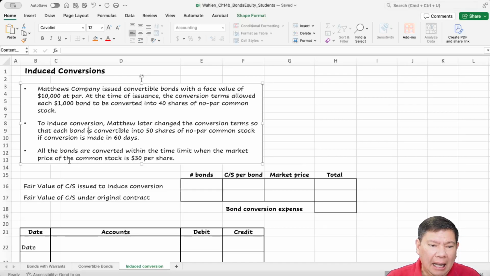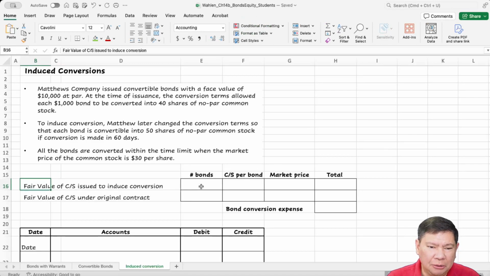Okay? All the bonds are converted within the time limit because that may be an interesting proposition. When the market price of the common stock is $30 per share. So the fair value of the common stock issued to induce conversion, there are 10 bonds, $10,000 total par divided by $1,000, so there are 10.